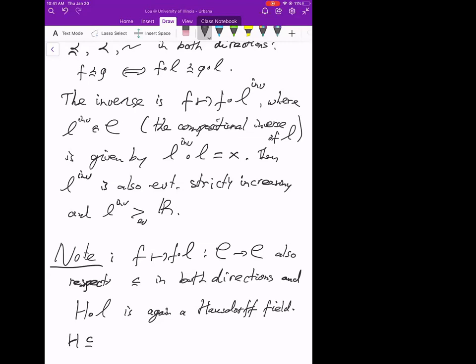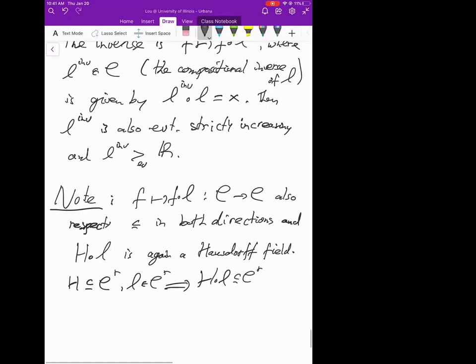And moreover, if you have some smoothness, H contained in C^r, and L has the same degree of smoothness, then of course H composed with L does too, and so does L inverse. I think people know that if you take a compositional inverse of a C^r function, it's again a C^r function.